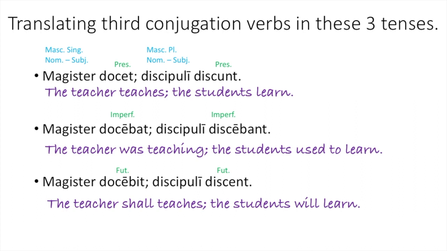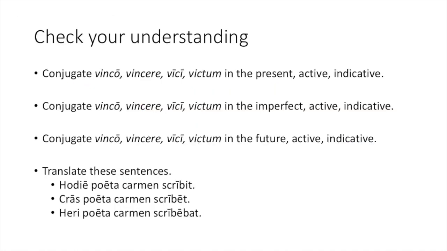So now it's your turn to check your understanding, but first make sure to cross out that typo that I have here, and then resume your video to check your understanding. First, I want you to conjugate your verb vinco, vincere, vici, victum in the present, imperfect, and future tenses, and then translate these very similar sentences.